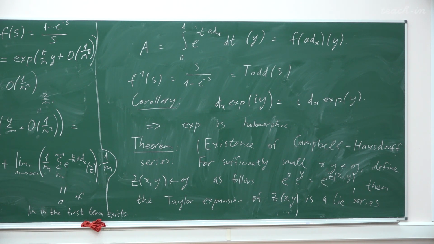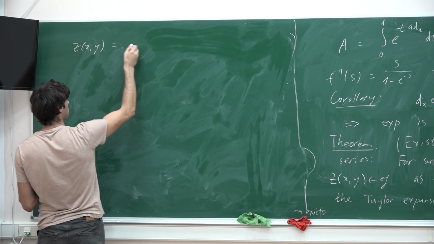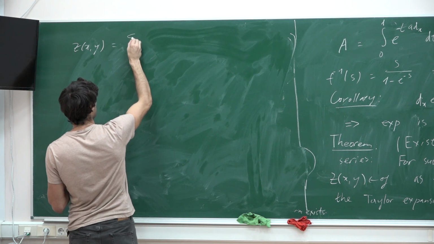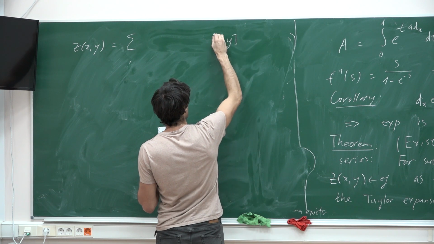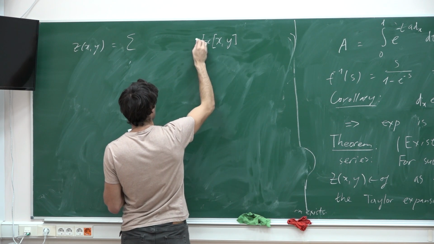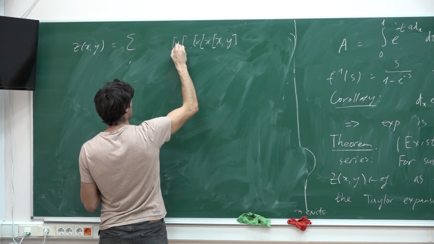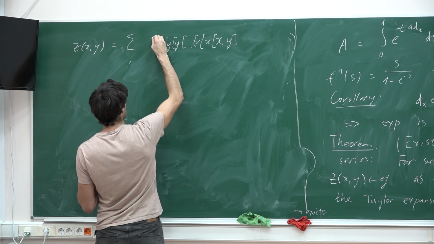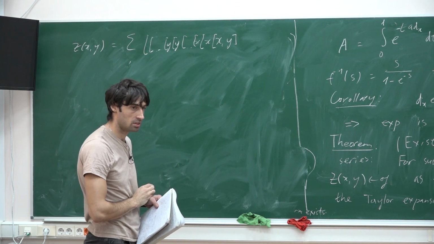It means that all terms are given as a bunch of commutators, right? So z of x, y, Taylor expanded, will be a sum of terms of this sort. You have x, y, and then you apply commutators of x a bunch of times, and then commutators of y a bunch of times, and so on, and you stop at some point.